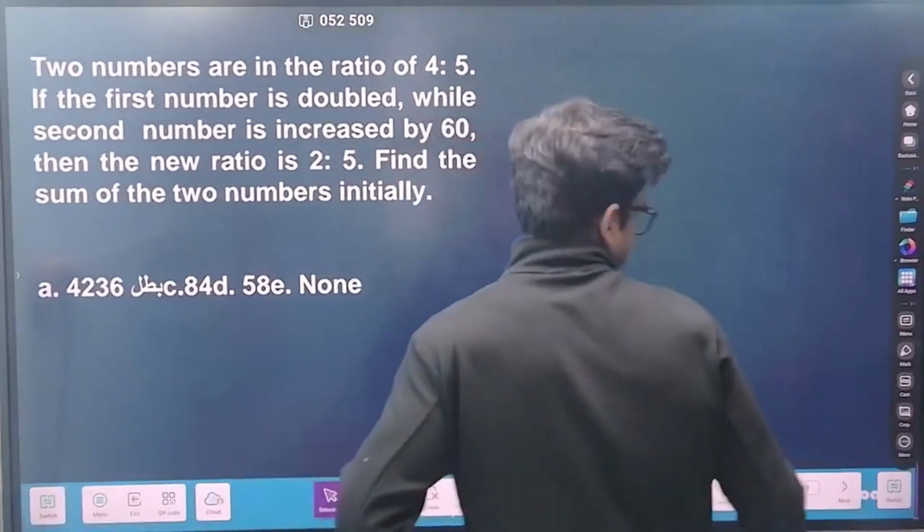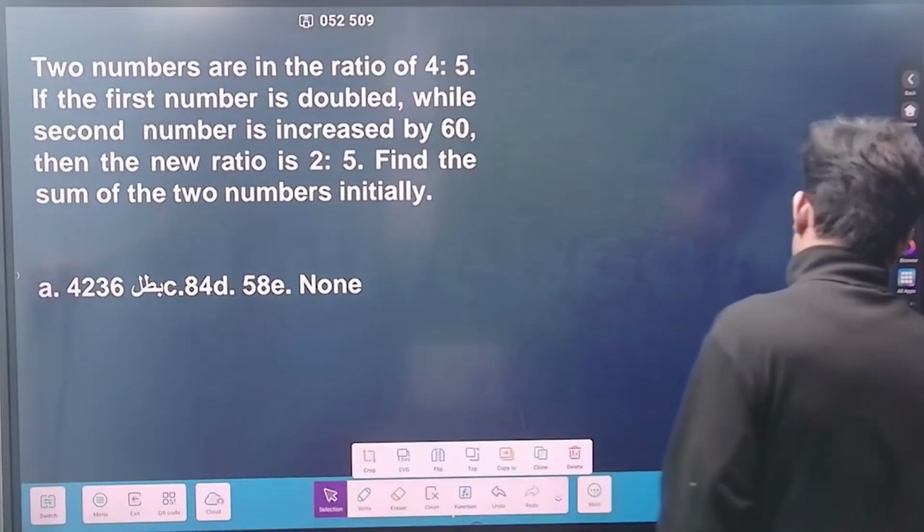Come on, solve. Let me give you the timer.